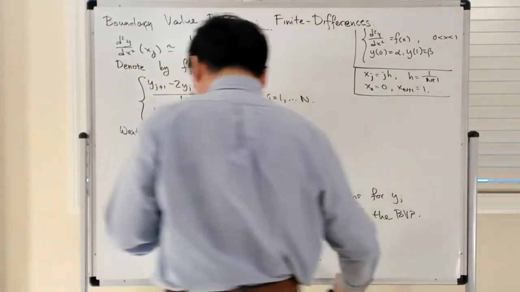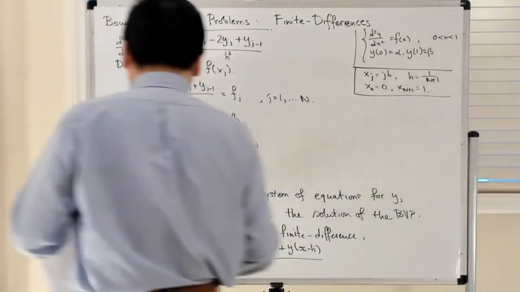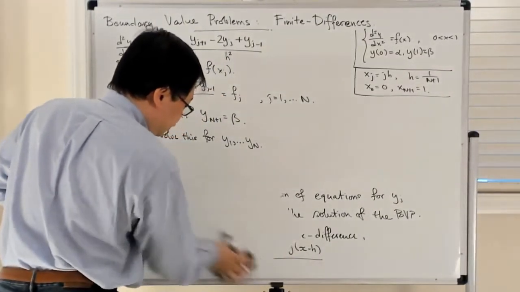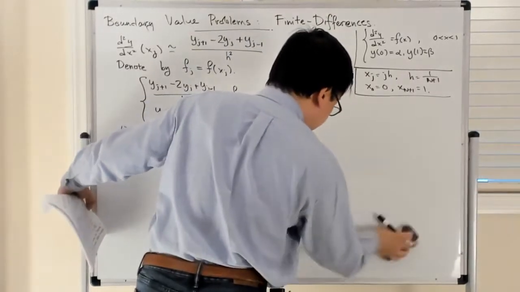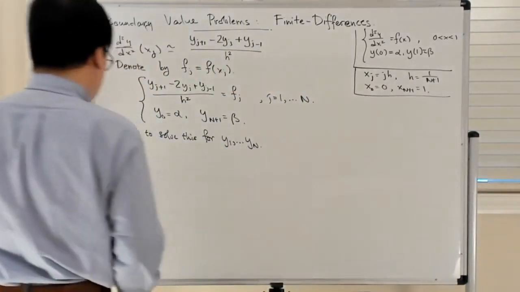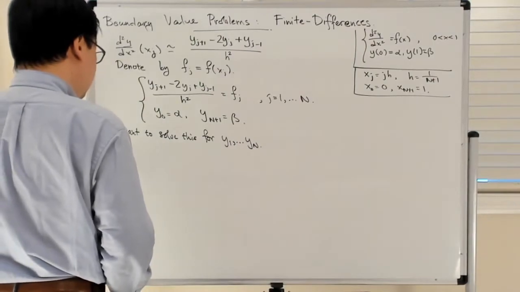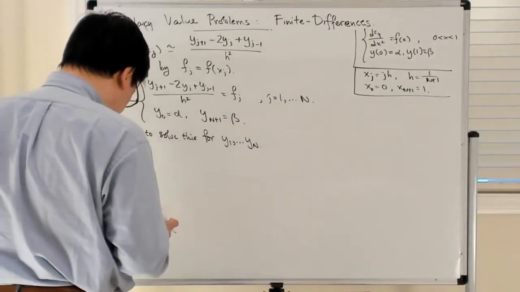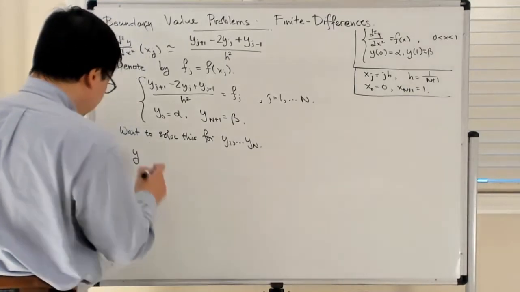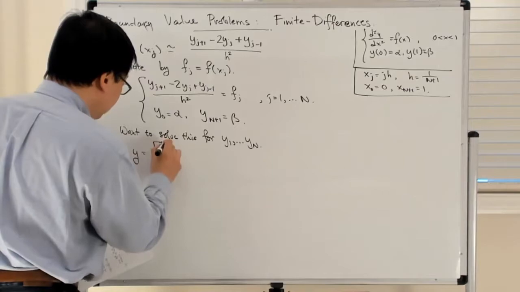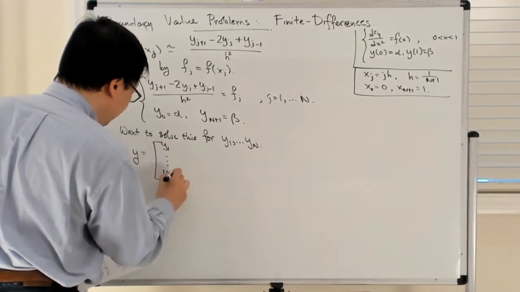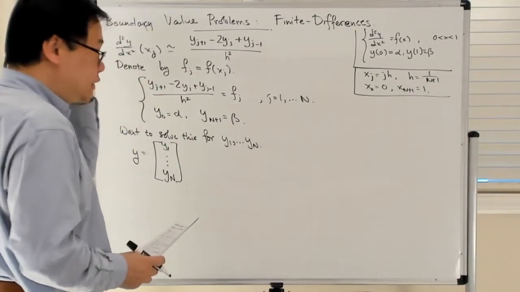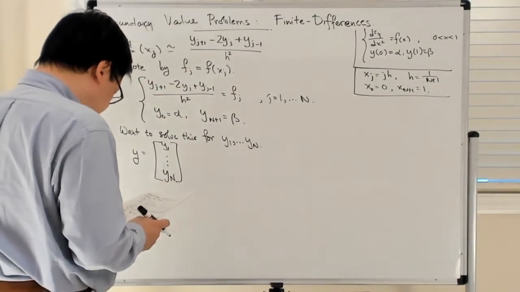So let's see how that happens. Let's try to, again, write down this system. You want to solve this for y1 to yn, so let's denote that unknown by some vector y, which is a vector from y1 to yn. Let me try to write this now as a linear system of equations.